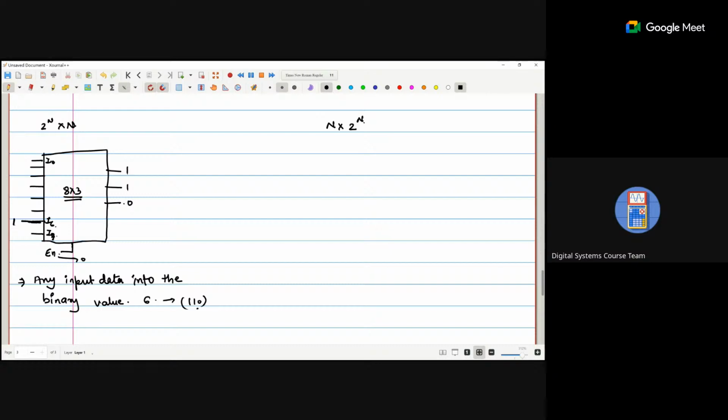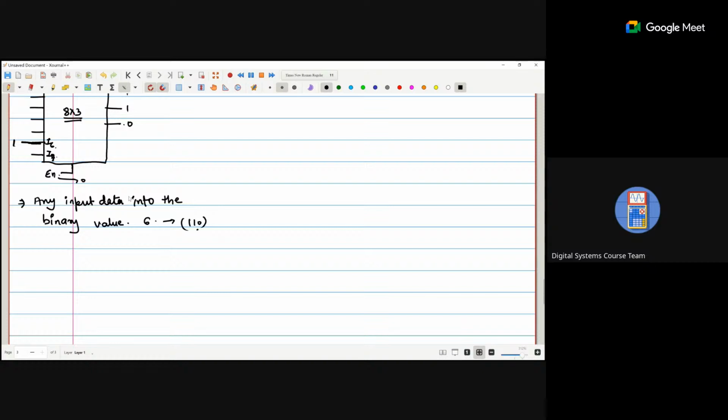Okay, now if it is 8 cross 3, we call that octal to binary. If it is 16 cross 4, we call it hexadecimal to binary.